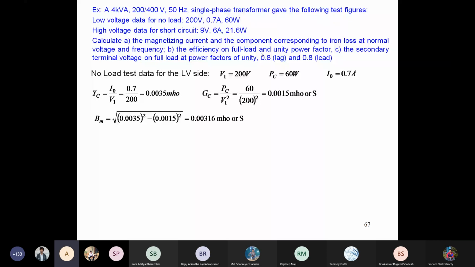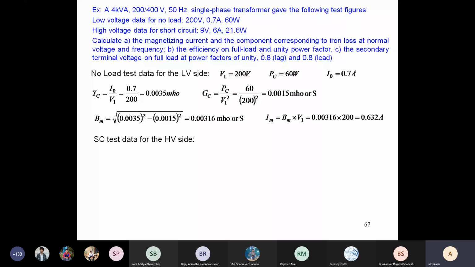So this you get from the no load test data, and you can find out the magnetizing branch currents and all, because that was the first question, the magnetizing current and the component corresponding to iron loss at normal voltage and frequency.